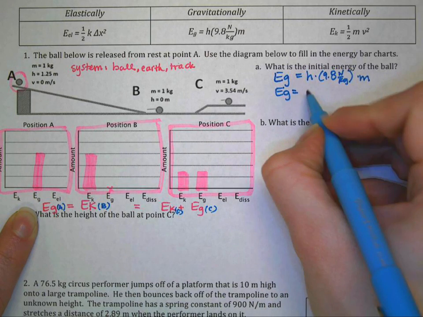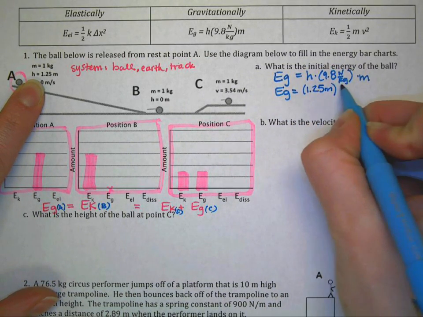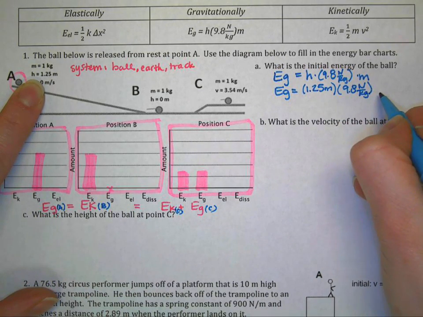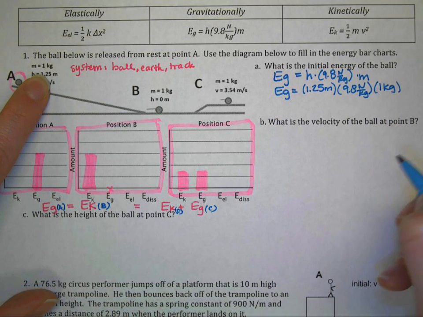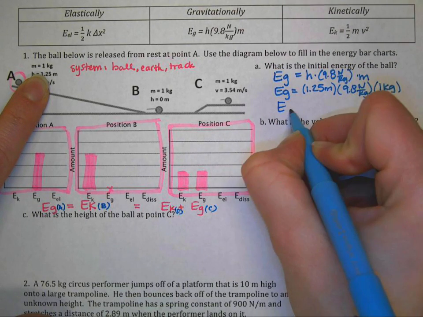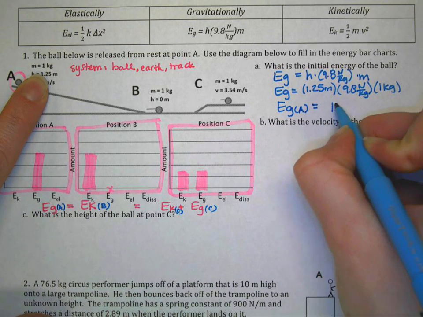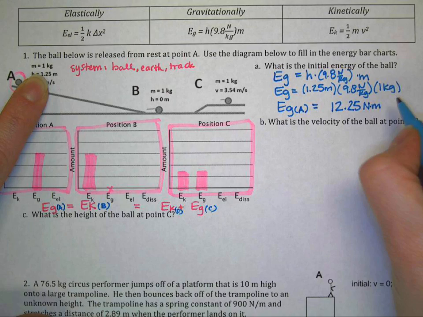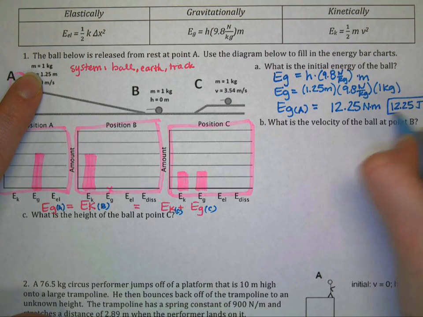Our height is given to us as 1.25 meters. 9.8 newtons per kilogram is for our gravitational force field on Earth, and the mass of the ball is given as 1 kilogram. If I solve that, the energy stored gravitationally at point A is equal to 12.25 Newton meters. Or we could rewrite with our other unit, 12.25 joules.